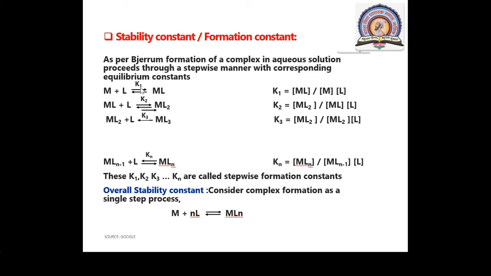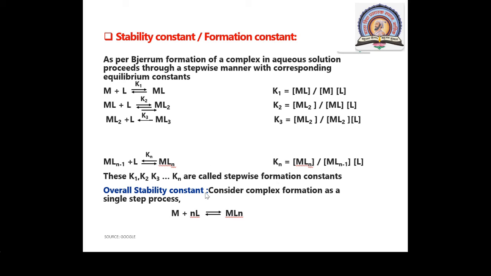Okay, K1, K2 and K3 are constants for these reactions. So K1 = [ML]/[M][L]. For K2, K2 = [ML2]/[ML][L]. Again for the third reaction, K3 = [ML3]/[ML2][L]. Okay, these K1, K2, K3 up to Kn are called stepwise formation constants.